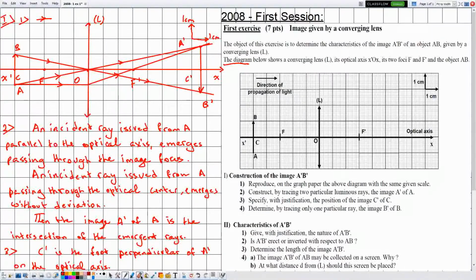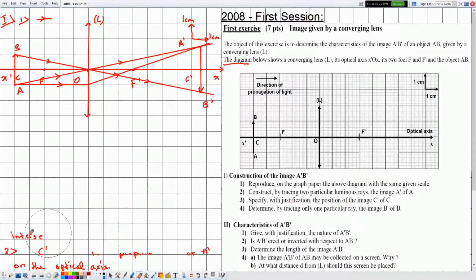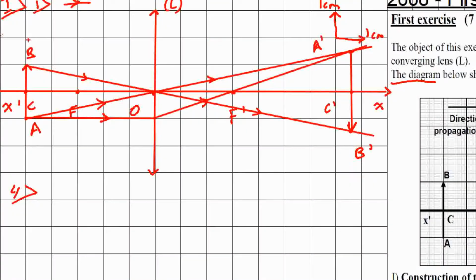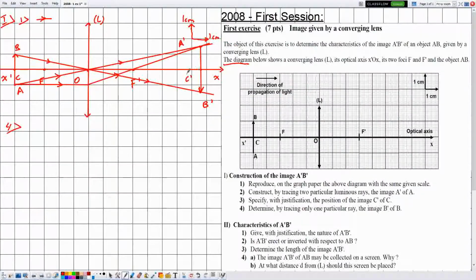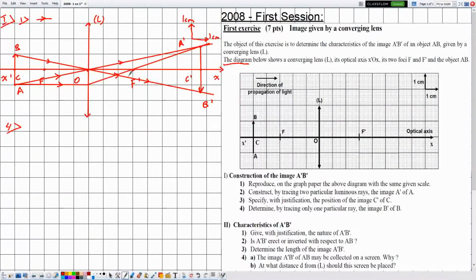Now let's do the justification. Now we are in part 4. Here we need to justify the path of this ray as well as the construction or the tracing of the image. First, let's do the justification of this emergent ray, which emerges without deviation.